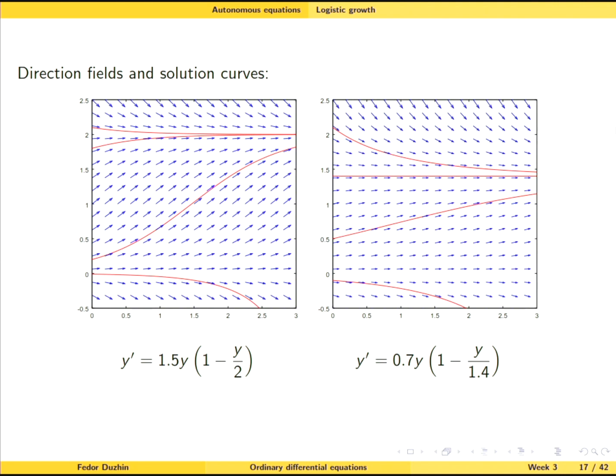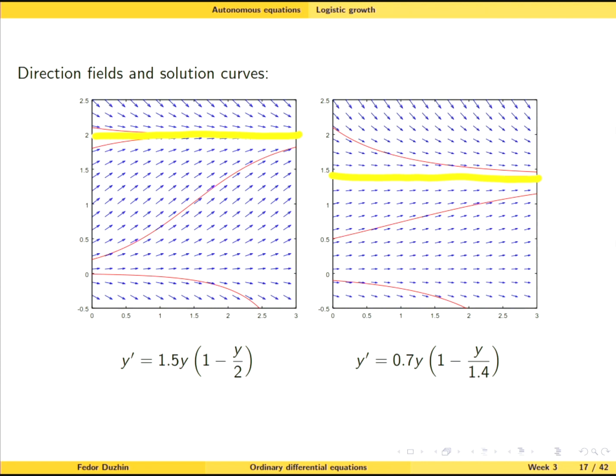While y equals 0 is probably not very interesting, it's going to appear in all sorts of diagrams with a logistic differential equation. But for carrying capacity, here y equals 2 is an equilibrium solution, and y equals 1.4 is an equilibrium solution here. So you can always find the carrying capacity of a logistic differential equation by just looking at the direction field.